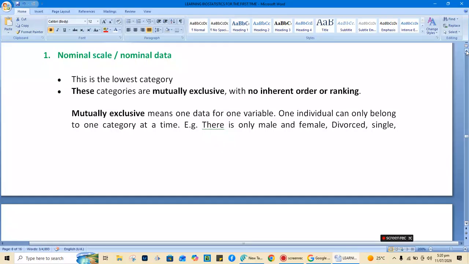Being divorced and being married, there is no difference, because you haven't given values to these things. You're just labeling. If you say divorced, how many are divorced? You do not know yet. So there is no inherent order by themselves. That's what we mean.